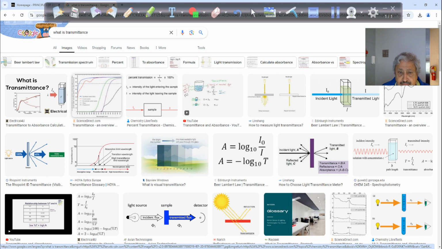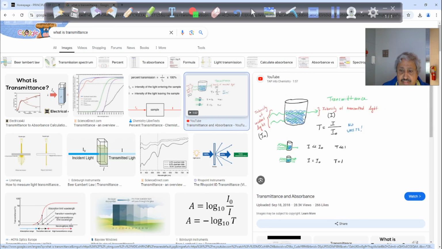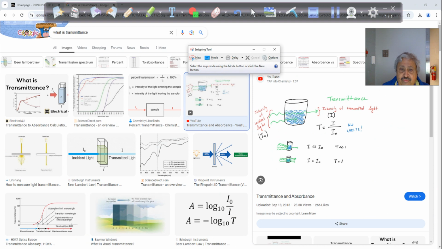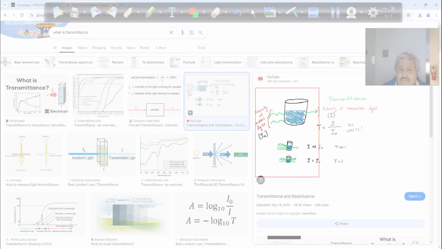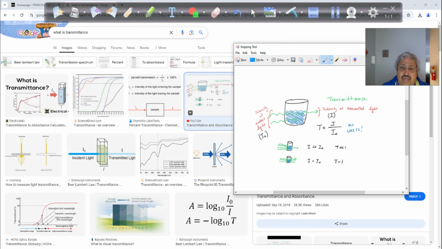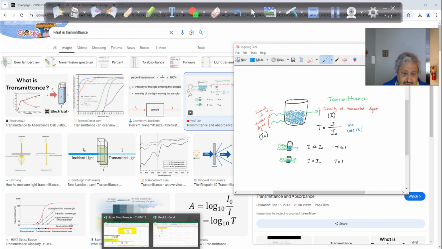So I will take this one here just to show you what the transmittance is. Click on this, and just for your own sake, you don't have to worry, but somebody will ask us what is transmittance. Well, here it is. I'll copy this and then come down here to our Excel.